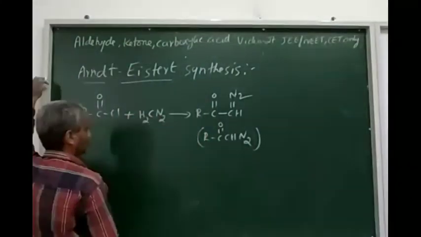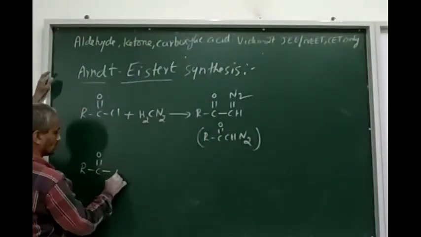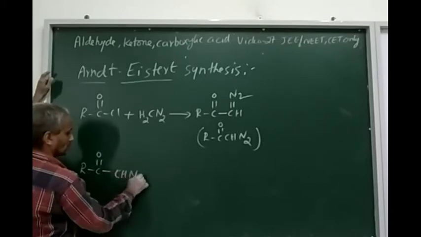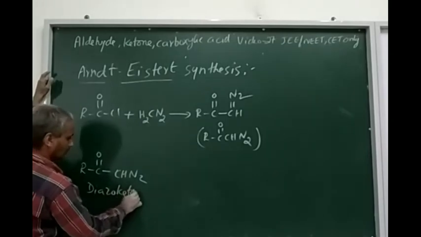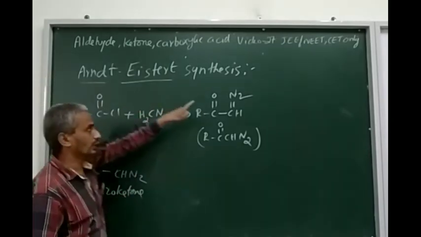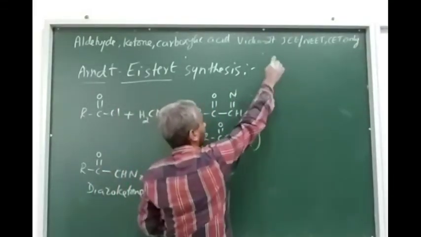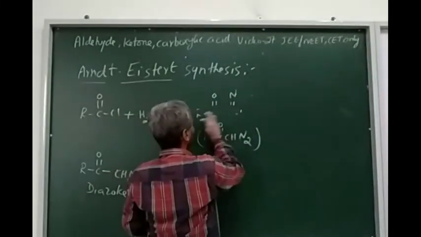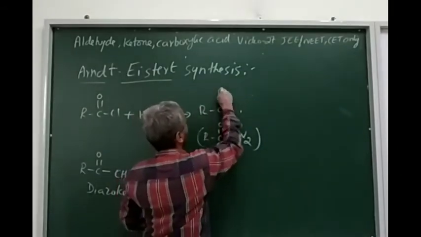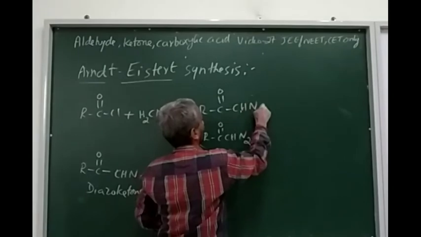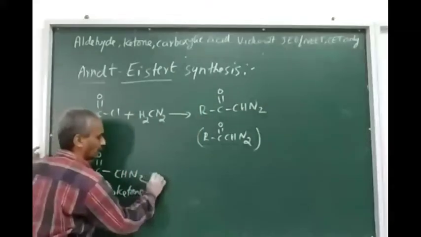Now, take this compound, the diazoketone. Here don't get confused about how N2 is bonding. If you have the confusion, write only RCOCHN2. Treat with water.